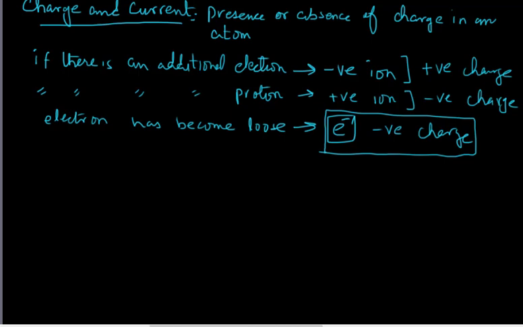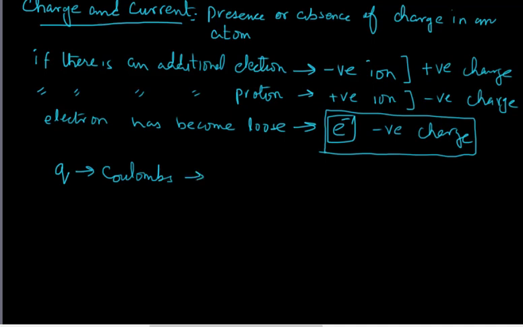Now, you need to just remember a couple of facts about the charge of an electron. The charge is represented by Q. It has units coulombs.